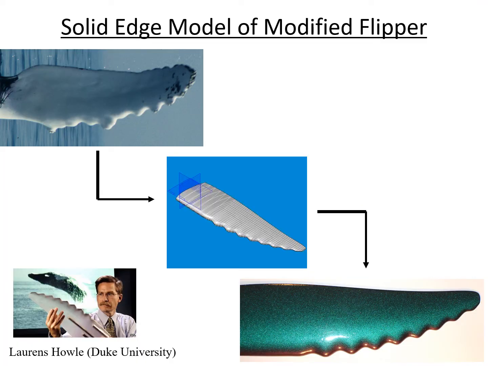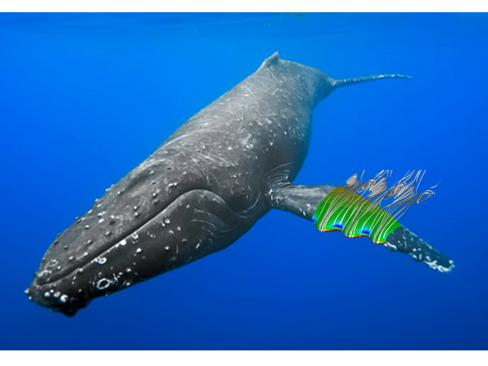And he teamed up with a mechanical engineer who's shown here. And they made a series of models to show that indeed the shape of this flipper was creating these vortices that facilitated boundary layer attachment, right? So they prevented that adverse pressure gradient from forming and kept that boundary layer attached to the flipper.